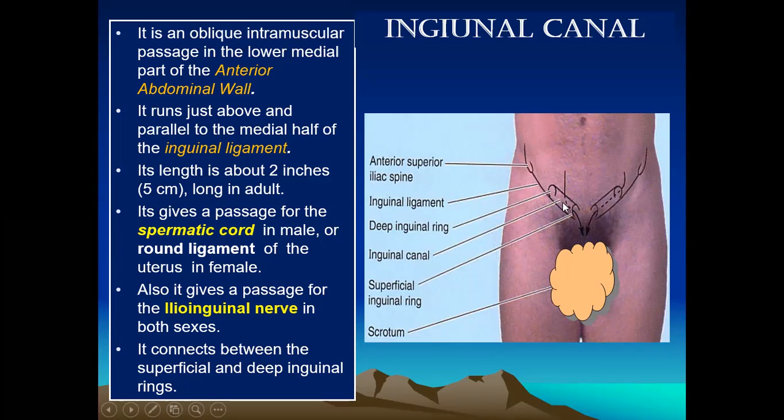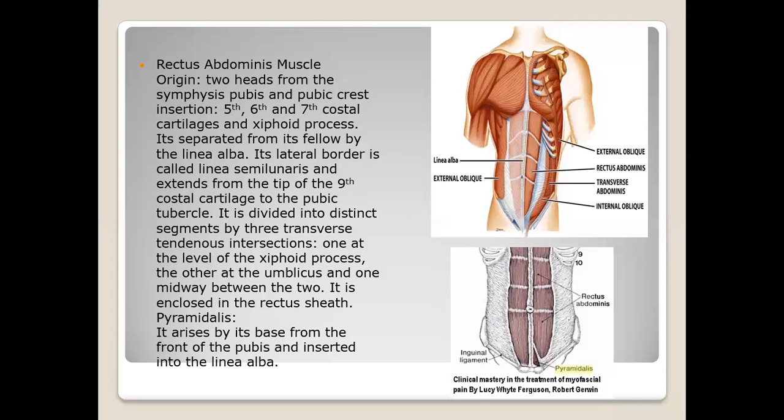Okay, if there is weakness in the abdominal wall. Normally it doesn't give passage to any structure except the spermatic cord in male and the round ligament of uterus in female, along with the ilioinguinal nerve as well as some lymphatics and lymph nodes.